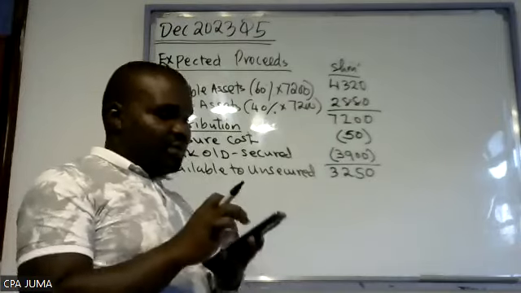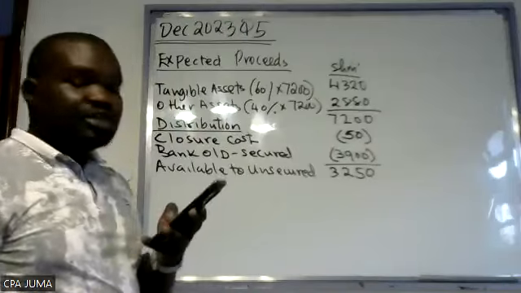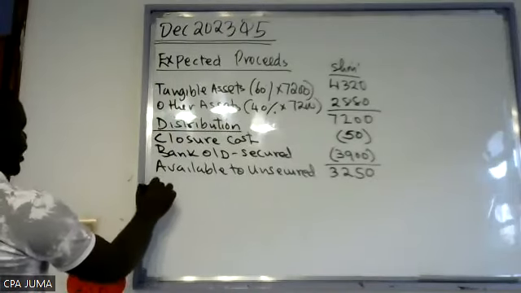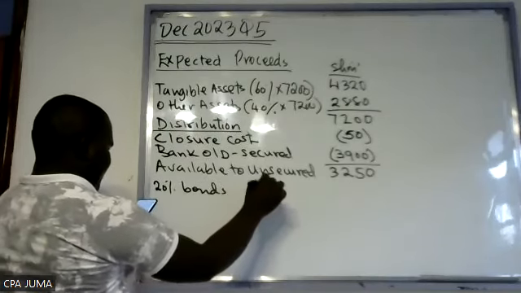Unsecured has now all those liabilities remaining. So we have the 20% bond. This is 750.